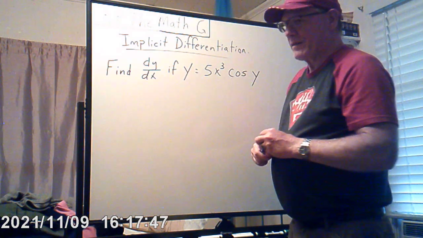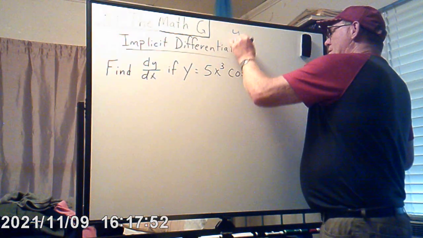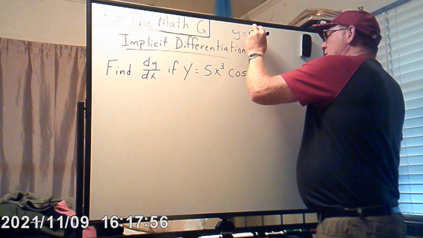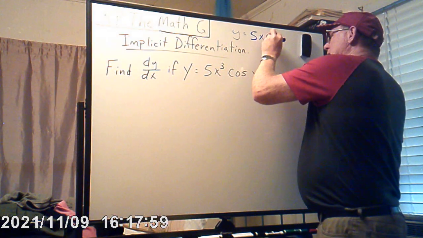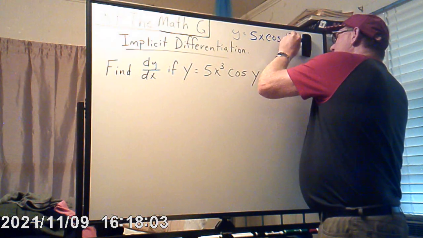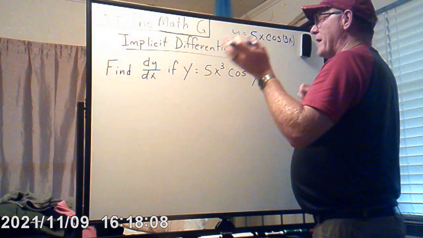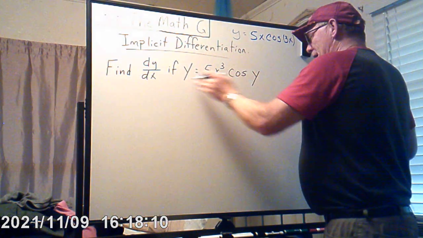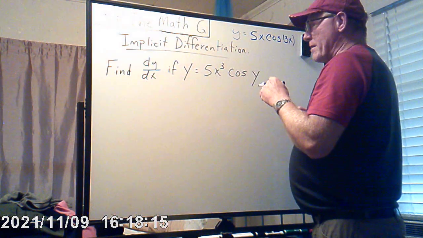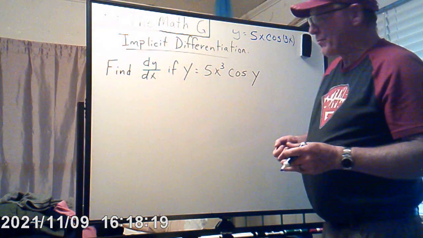Explicitly would be something like y is equal to 5x cosine 3x or something like that. That would be explicit because y stands alone. Here y does not stand alone, so we have to differentiate implicitly. Okay, and that's the difference.